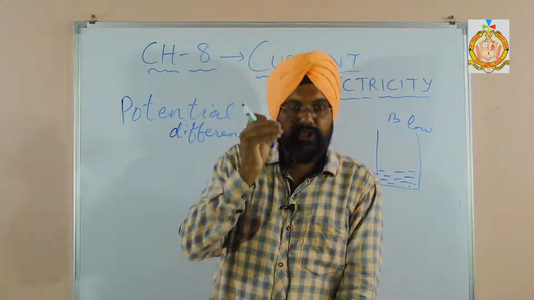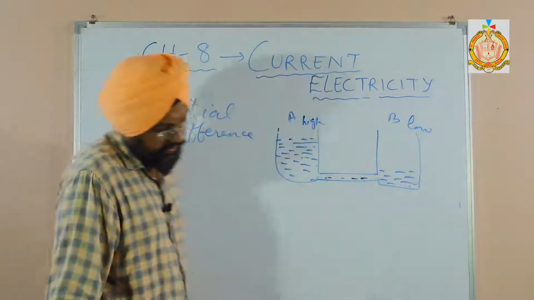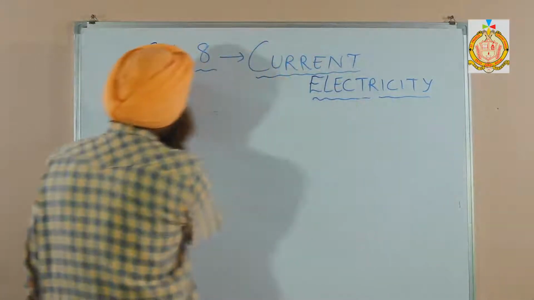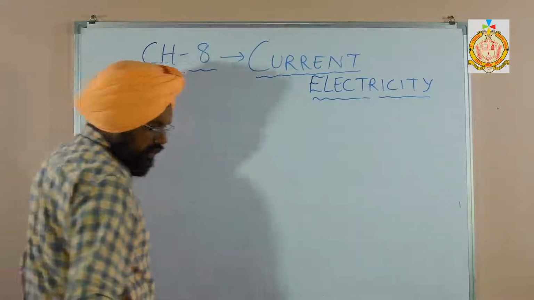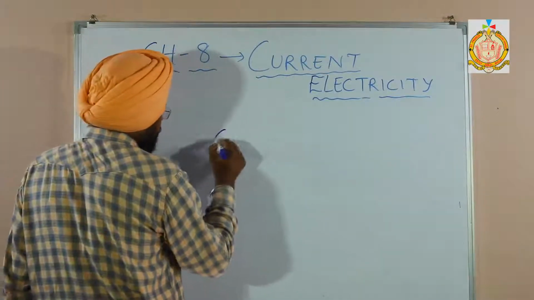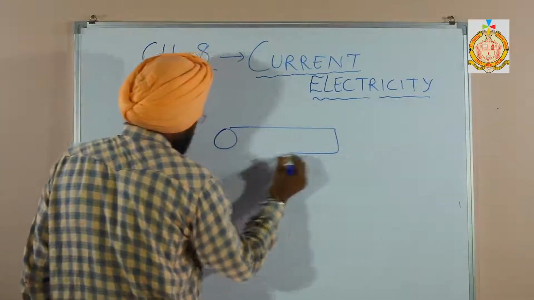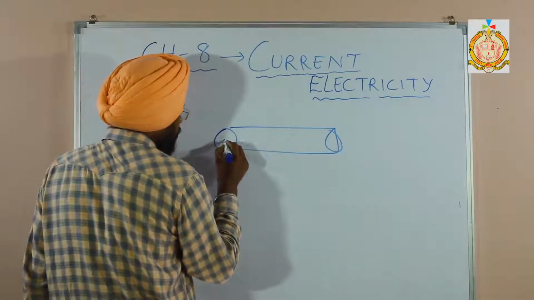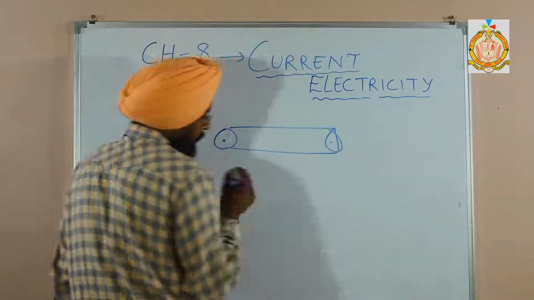So resistance is the obstruction offered to the flow of current by the conductor. One example: suppose one cell is there, and it is not yet connected with the battery. This is the positive side, this is the negative side.